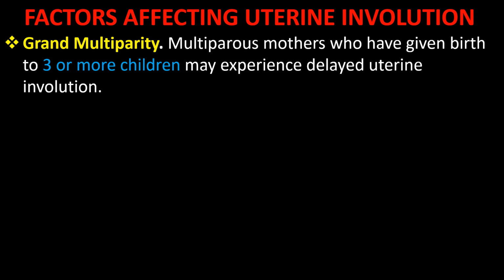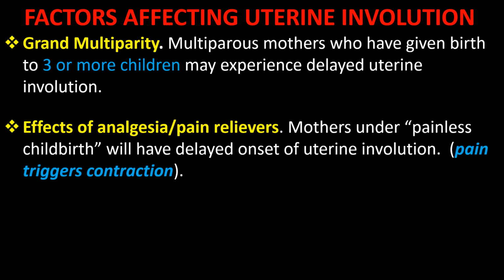Aside from that, we also have grand multiparity, which affects uterine involution. For multiparous women who have given birth to more than 3 children, they may experience delayed uterine involution, as discussed earlier. Aside from that, patients who have been given analgesia or pain relievers, or yung mga nag-painless delivery, or patients who were given anesthesia, okay, they may experience painless childbirth, but they will also have delayed onset of uterine involution.